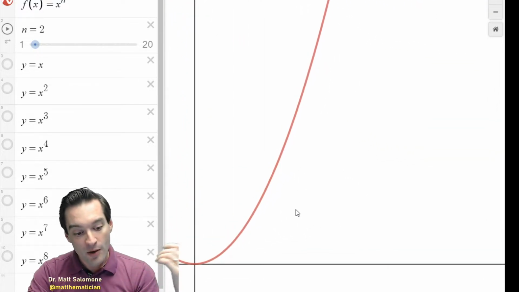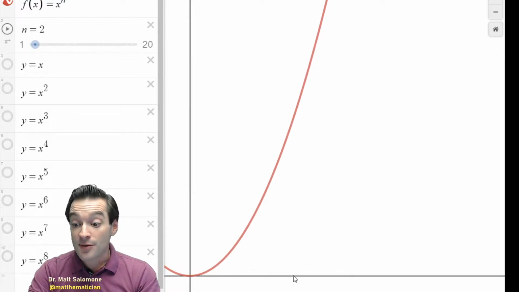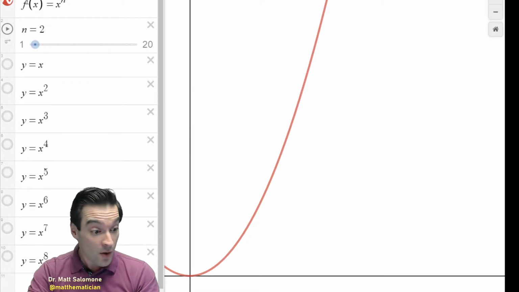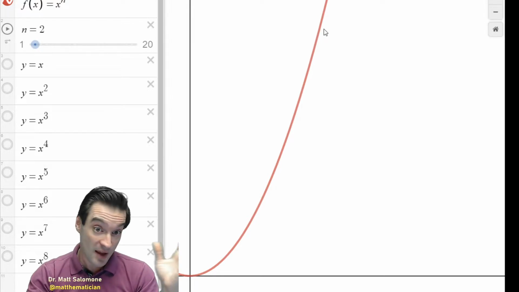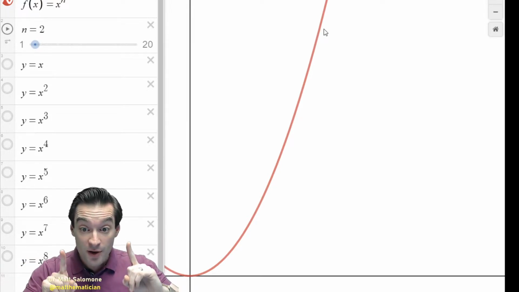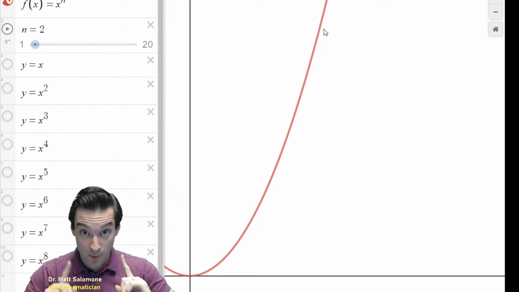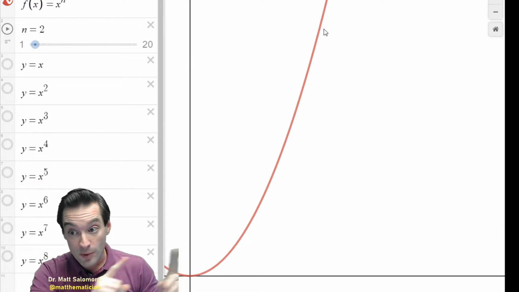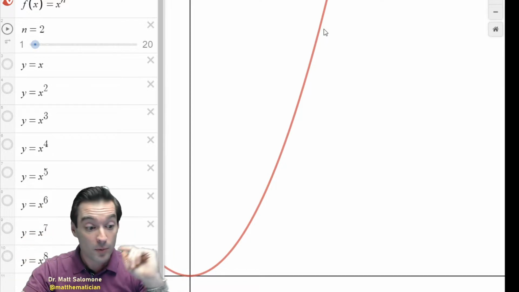Let's ask first what's happening as x tends to positive infinity. f of x equals x squared seems to tend to positive infinity. As x goes to infinity, so does f of x. As my x values go all the way to the right, my y values go all the way up without bound.